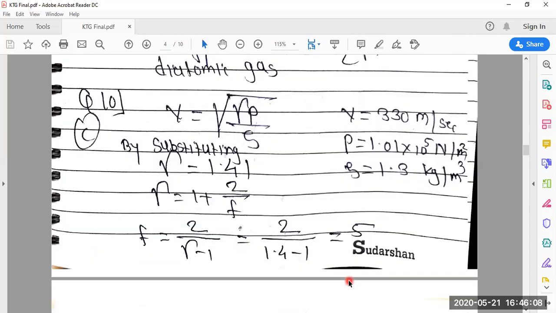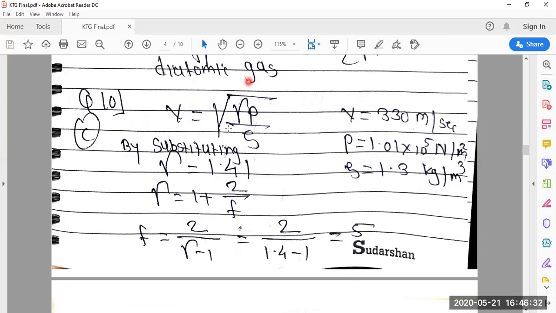Question number 10. In question number 10, at standard pressure and temperature, the density of the gas is given as 1.3 kilogram per meter cube, and the speed of sound is given, it is 330 meter per second. Then the degree of freedom of the gas will be?